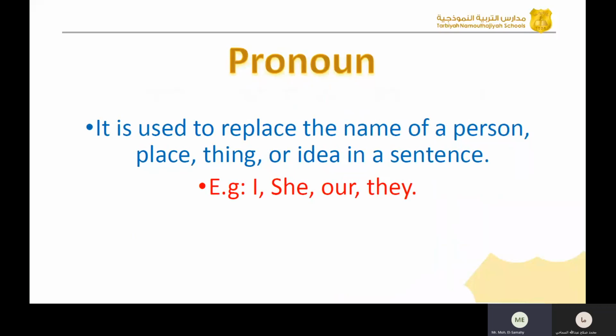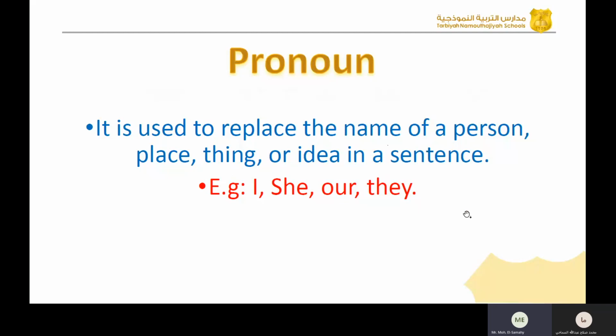It is the pronoun. What is the pronoun? As we see from its name, it is related to nouns, because part of the word itself is noun. Pronoun is used to replace the name of a person, place, thing, or idea in a sentence.